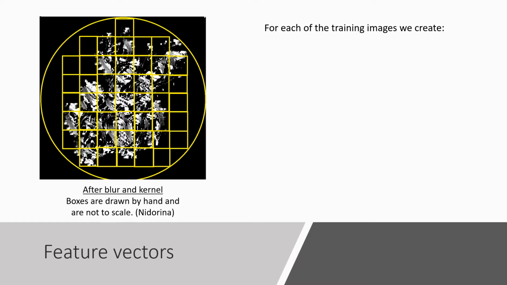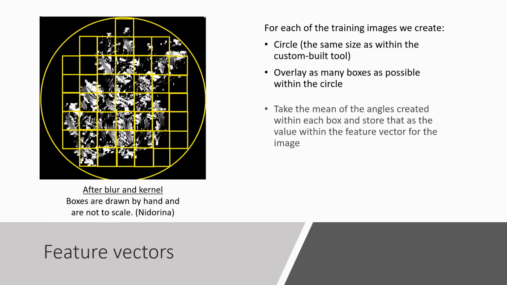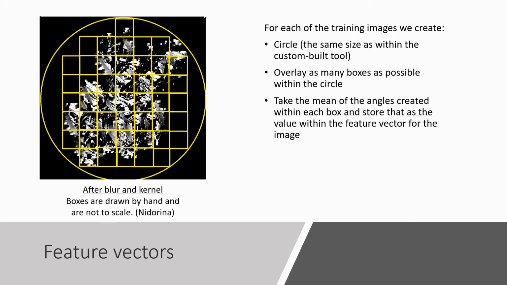For each of the training images, we create a circle of the same size as the previously mentioned custom-built tool. Within this circle, we overlay as many boxes as possible. The box size is user-defined. Using the image containing the angle between the edges, as shown on the left, we take the mean of all the pixels in a box and store that value within a feature vector.